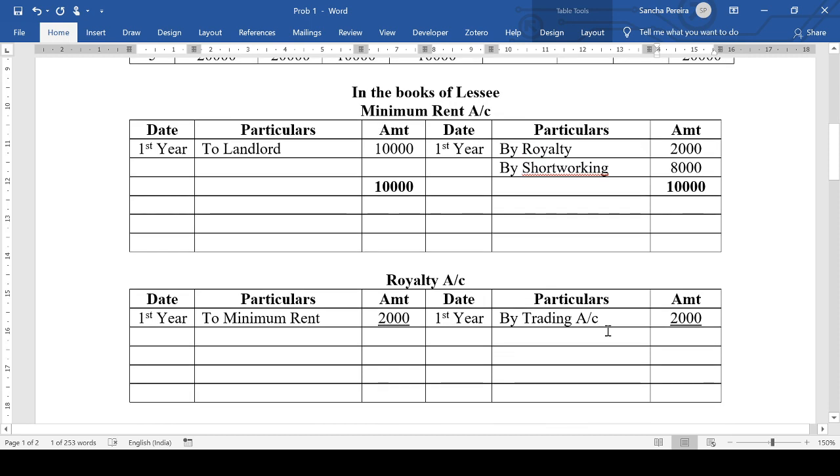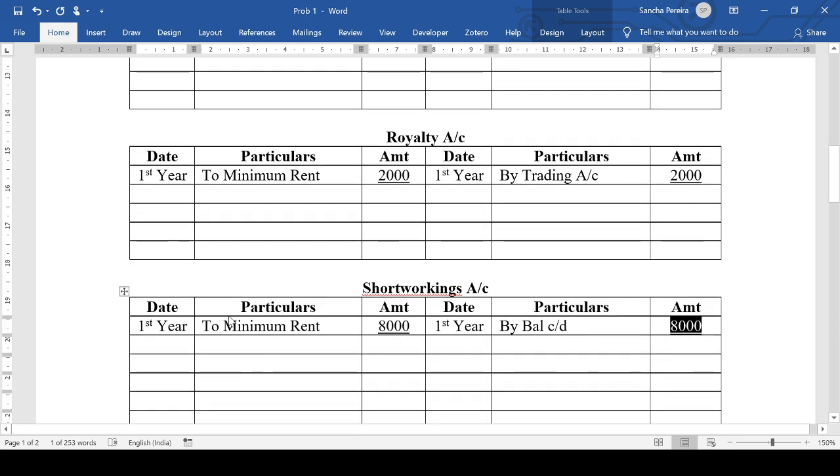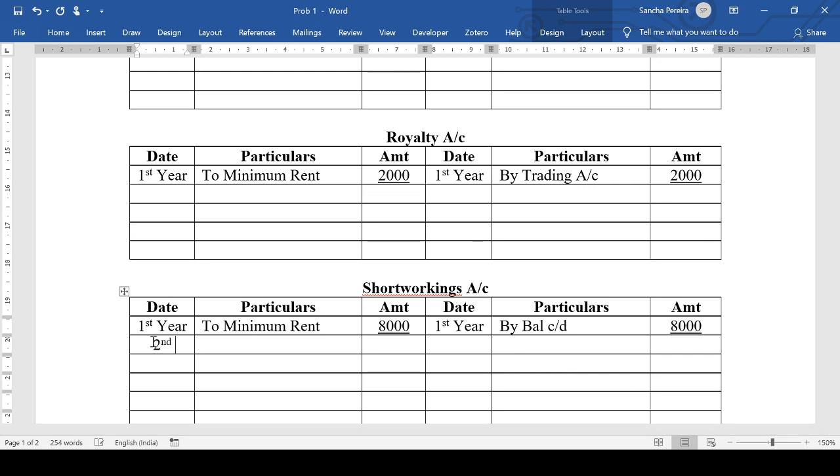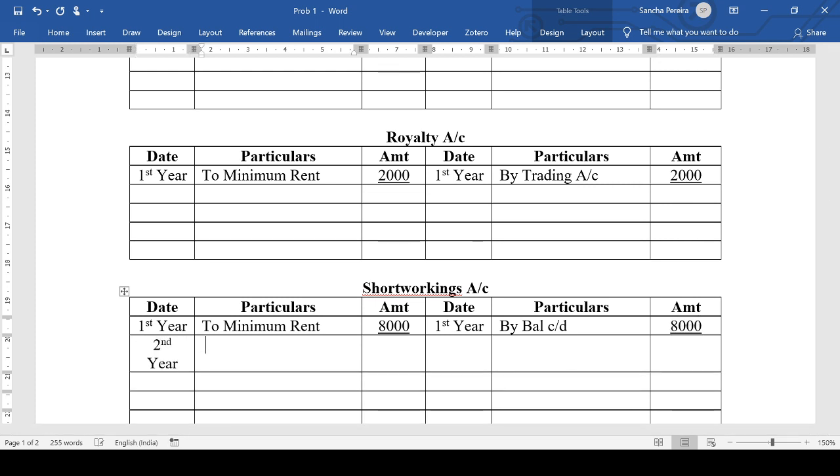I think we have closed all the accounts. Just so that we don't forget, bring it down to balance brought down, 8,000.